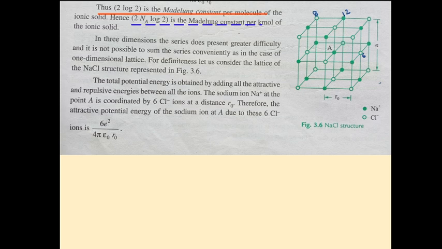Let us extend and extrapolate this model for a three-dimensional crystal. As you can see in figure number 3.6, that is the NaCl structure. I think you have certainly come across the same structure in your 12th standard or maybe 11th standard.